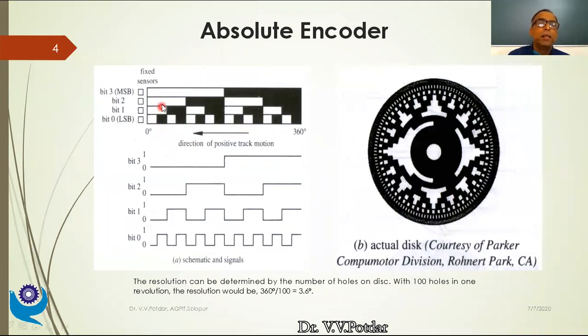So the number of bits depends on the accuracy or the positional details I am interested in. Accordingly, this encoder will generate the pulses, and these would be converted into my digital signal form. If I want to read those numbers, I just want to measure those angular position values, I will just measure.